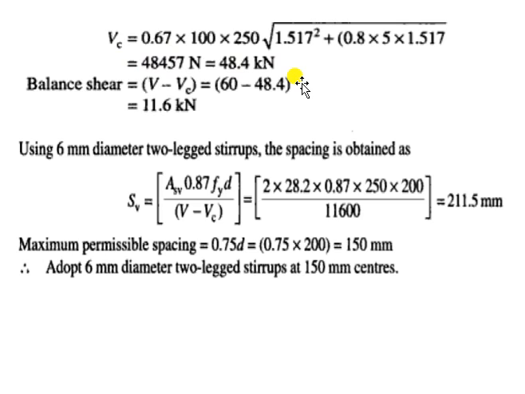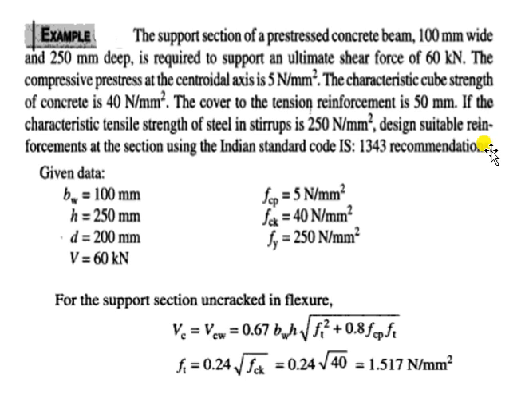Vc is 48.4 kilonewton. That means the maximum strength of the member in shear is 48.4 kilonewton. It can take up a maximum shear force of 48.4 kilonewton. But here it is given that the maximum shear force acting along the member is 60 kilonewton.